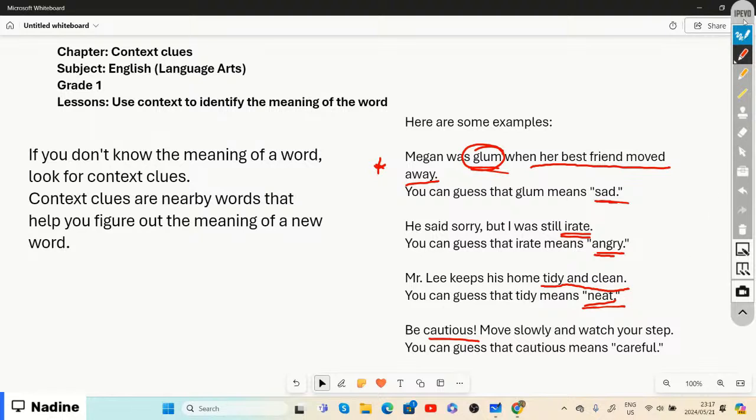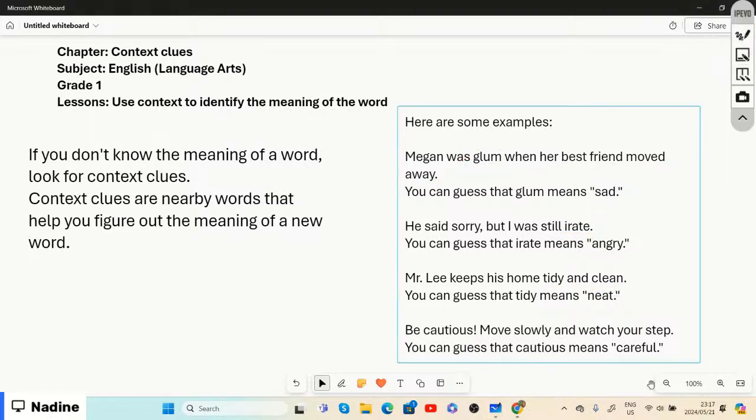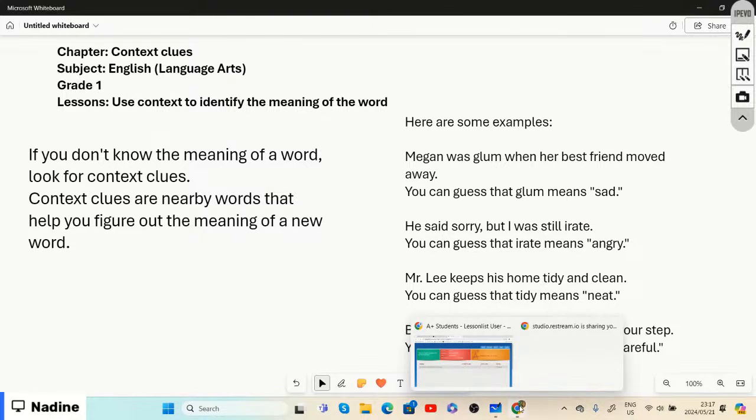Now, why doesn't it want to go now? All right.